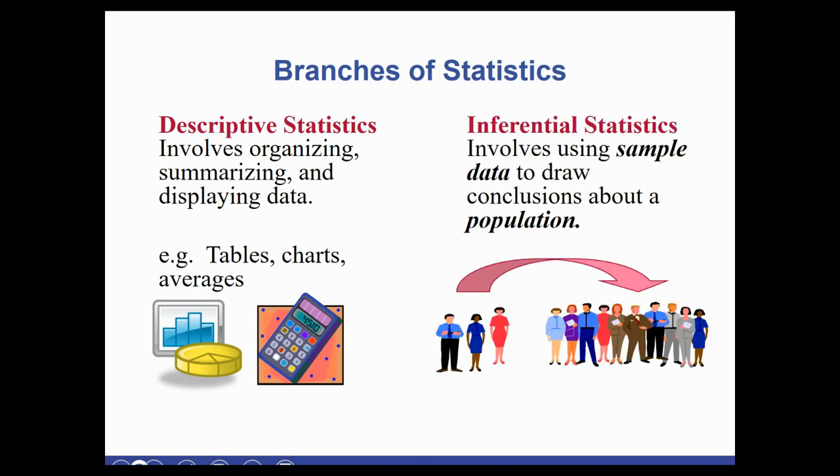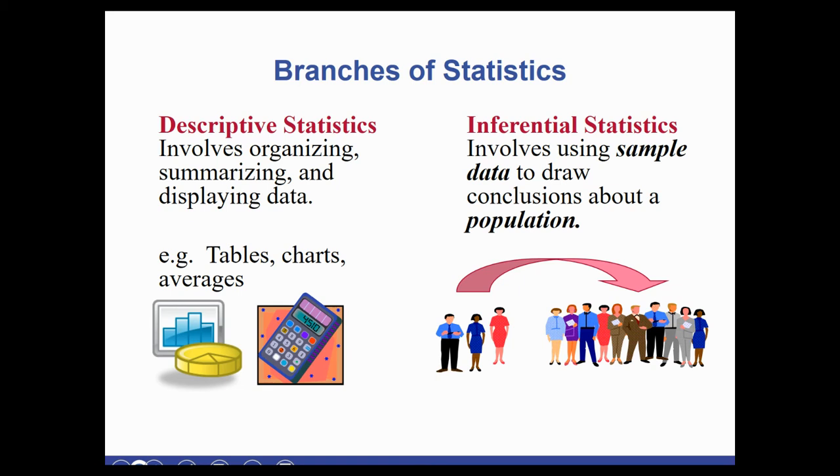The other branch is inferential statistics, which involves taking our sample data to make bigger conclusions about the population. So we couldn't talk to every employee in the United States, but if we talk to enough of them and we get good results out of it, good results meaning we've gone through the checklist to make sure it's statistically sound, then we can make blanket statements about the whole, even though we didn't talk to everybody.